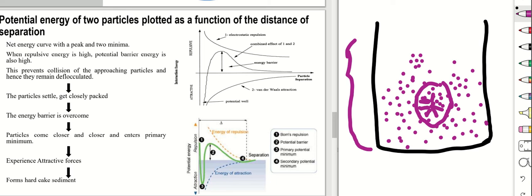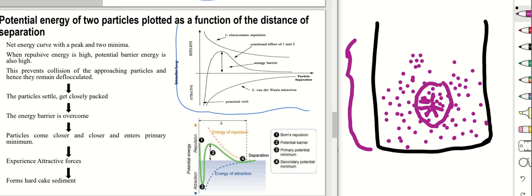all the particles, when they are coming together, need to overcome some energy potential that is present across the particle. Now let's consider this graph. This graph is an energy curve. Now consider this as a particle. Here you have one particle and here you have another particle.